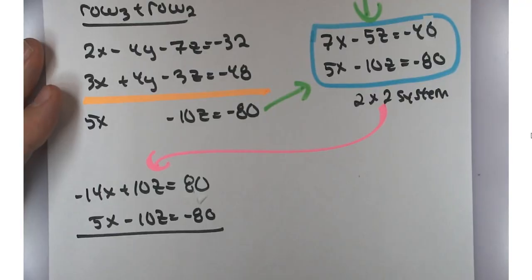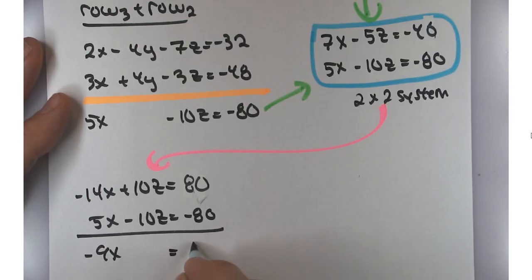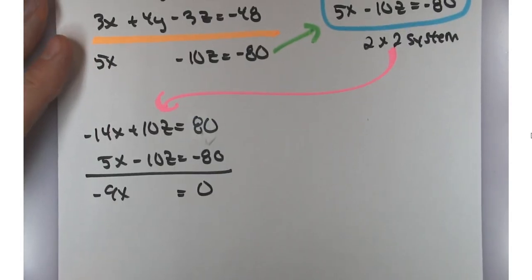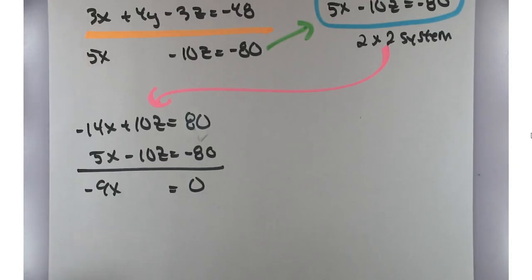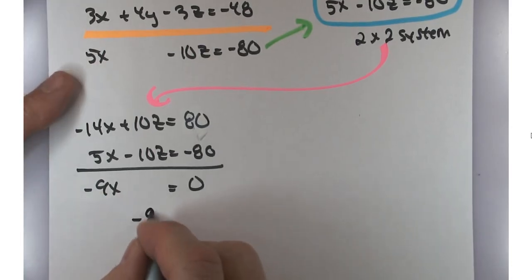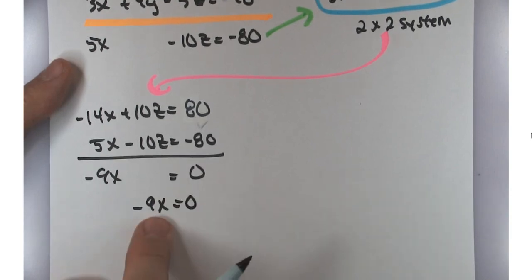All right, so that's going to be -9x equals 0. Well, that's kind of cool that we came up with this, because a lot of times people get really nervous when they have 0 as part of their solution. Like, whoa, wait a minute. How do I solve here? Isolate.